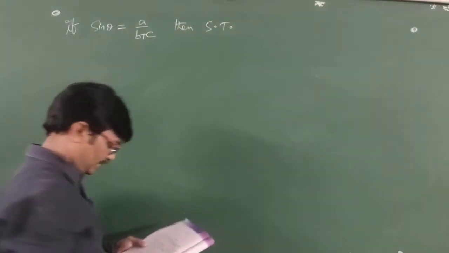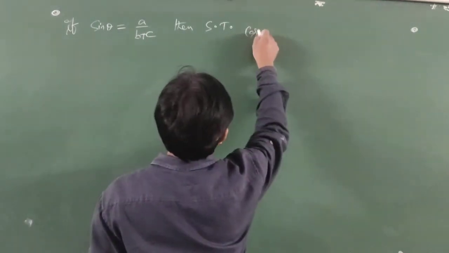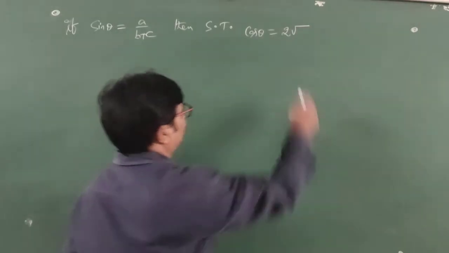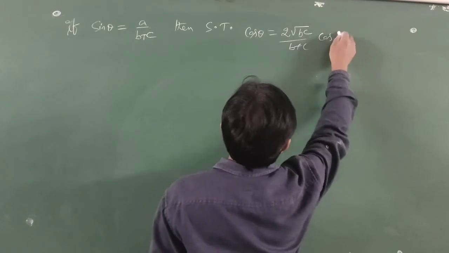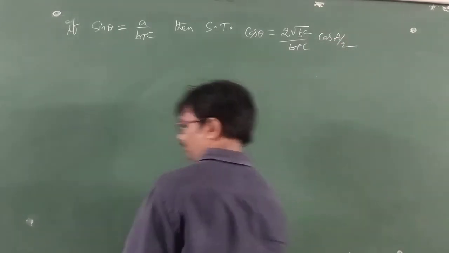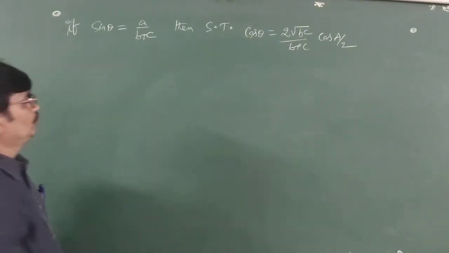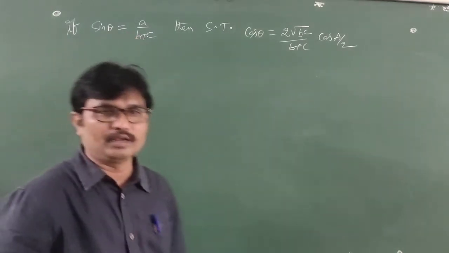Then cos theta is 2 into root of bc upon b plus c into cos of a by 2. Okay students, so my dear students, sin theta is given that a upon b plus c.